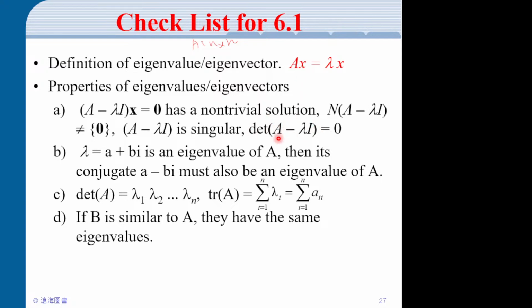The determinant of A minus lambda I equals 0 is an expression in terms of the unknown variable lambda, and the determinant will be a polynomial in lambda with degree n. So the polynomial is the characteristic polynomial, and from this characteristic equation we can get lambda.